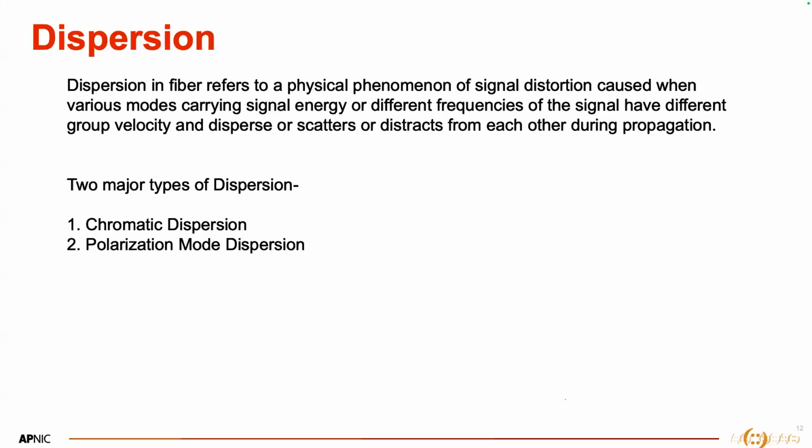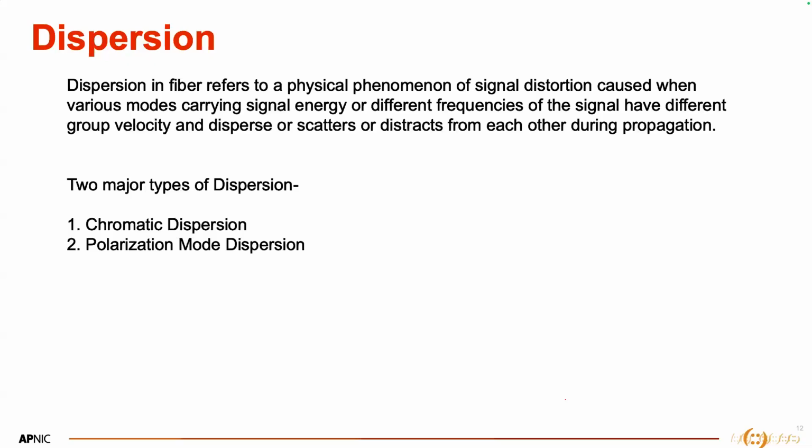So what is dispersion of light? Dispersion of light means some phenomena or some criteria of light where the shape of the light wave spreads and gets broadened and starts overlapping with the next one, right?